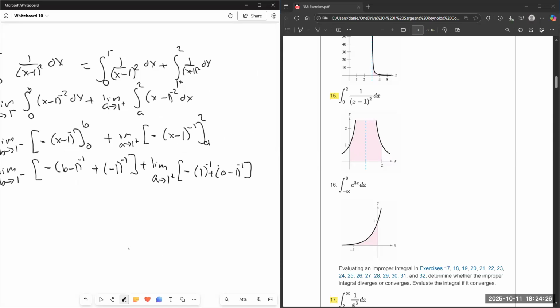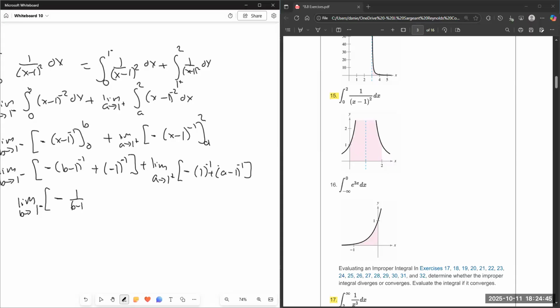So this is limit as b goes to 1 from the left of negative 1 over b minus 1.